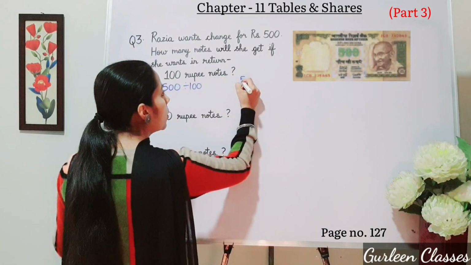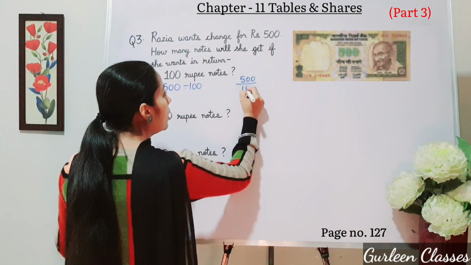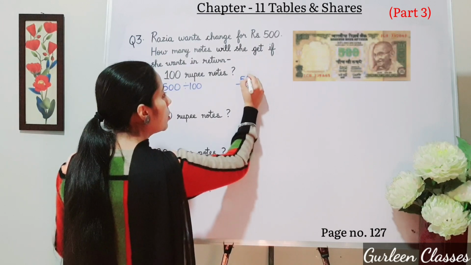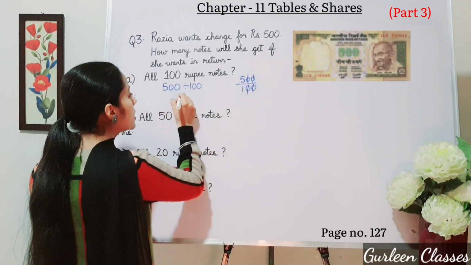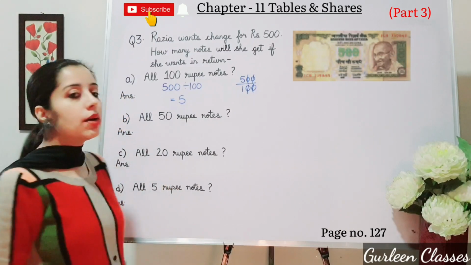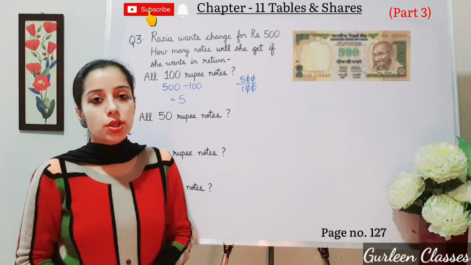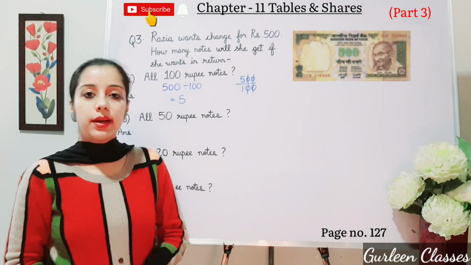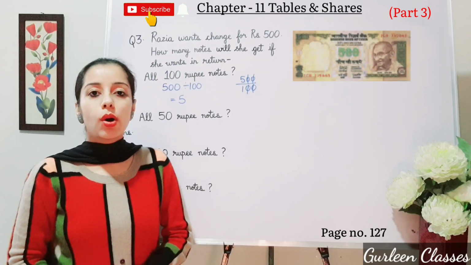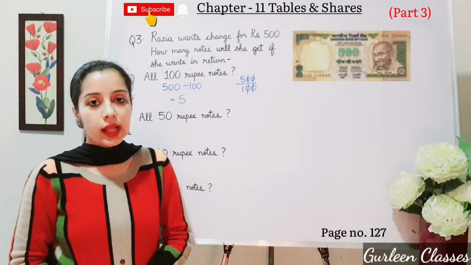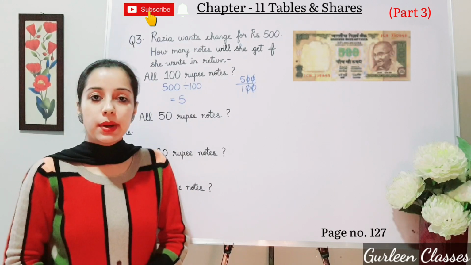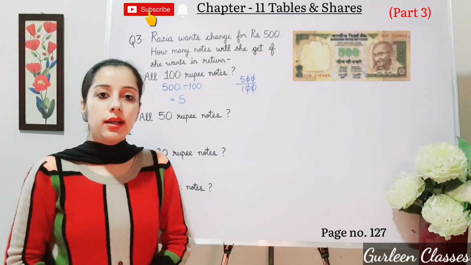So students, I told you this earlier. 500 divided by 100, 0, 0 cancel. Answer is 5. So Razia will get 5 notes of rupees 100. So students, if you want to learn division in detail, the link you can see in the I button. So click that and learn division.